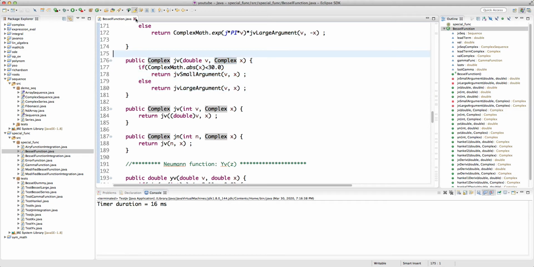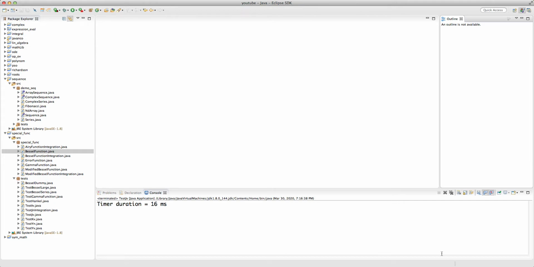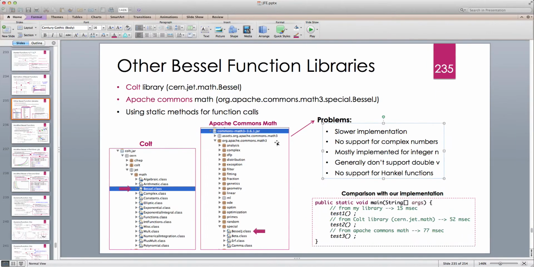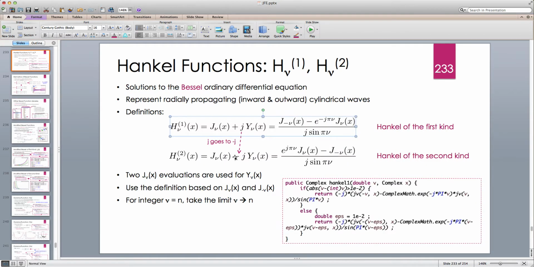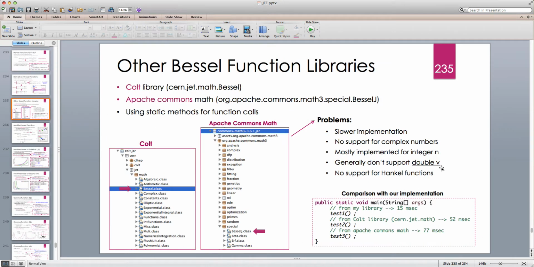So that's one reason they usually don't have support for double nu, because it requires taking care of the complex numbers that it might return. And they generally don't have support for Hankel functions, because Hankel functions are by definition complex numbers. So if they don't support complex numbers, then they cannot support Hankel functions.